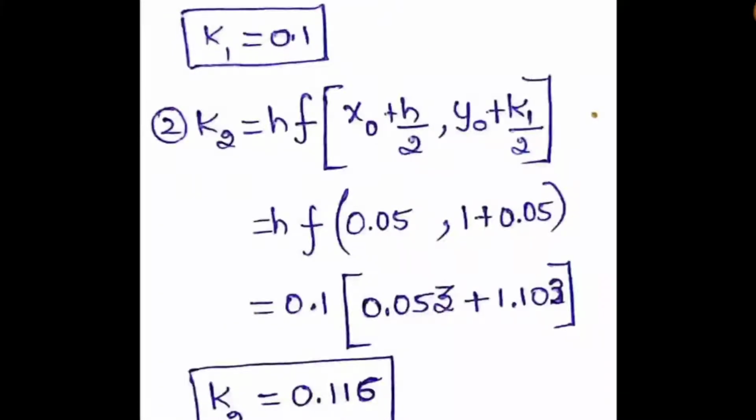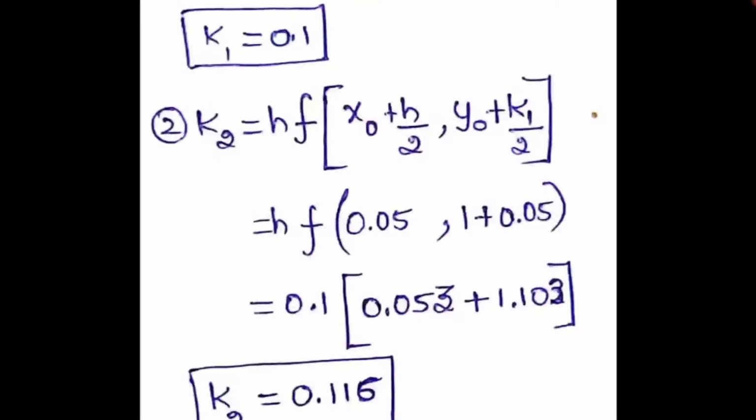After finding k1, we go for k2. Here also it is a similar thing, only the x and y values will be changing for each k. So k2 is h into f of x0 plus h by 2 and y0 plus k1 by 2. This is the difference here. We know h is 0.1, x0 is 0 and y0 is 1.